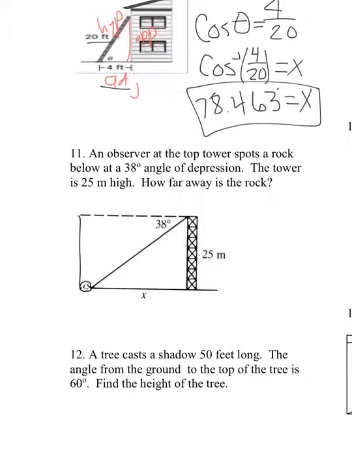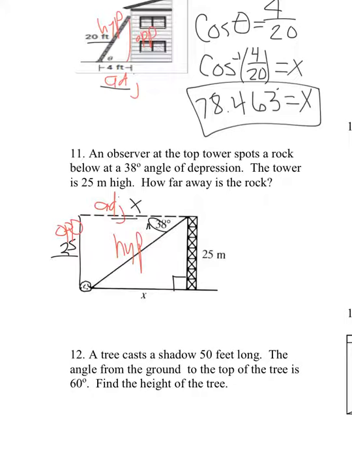With angle of depression, like we talked about in class, a lot of times that angle doesn't show up in the same triangle with the measurements. So what you want to do is make a rectangle. You have 25 and 25 on both sides, now x and x. That way, where the 38 is, you can get the measurements over there as well. So now that's opposite, adjacent, hypotenuse.